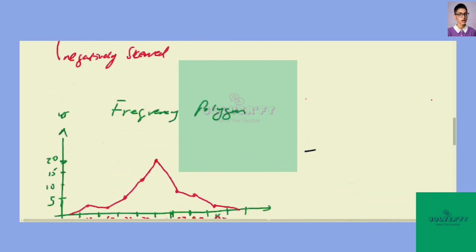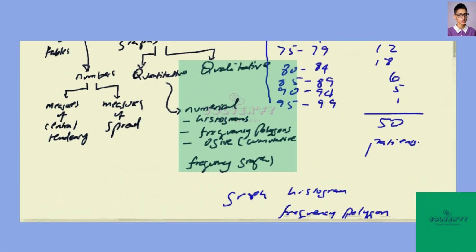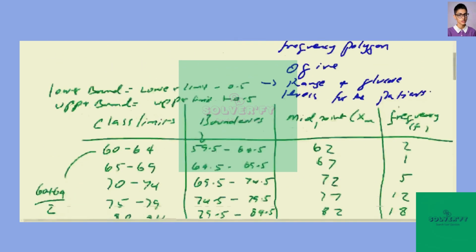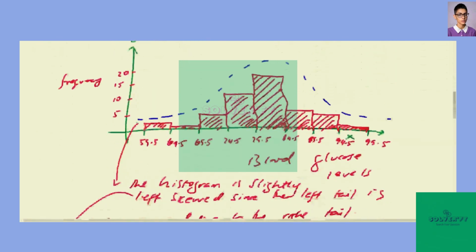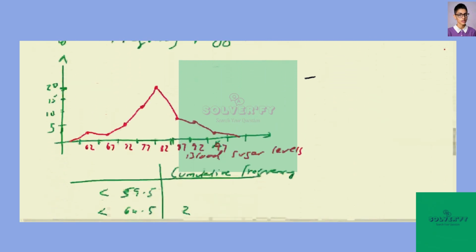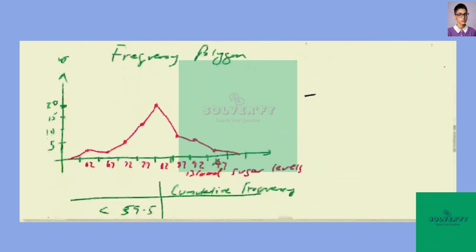So once again, in this particular problem, we were given class limits for glucose levels for different patients. We had 50 patients. We built boundaries, lower and upper boundaries, midpoints, and the frequency table. We used that to get our histogram, which is left skewed. And then we built a frequency polygon using the midpoints, as you can see.